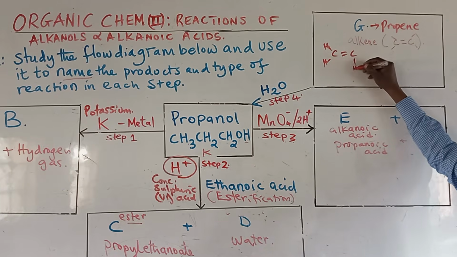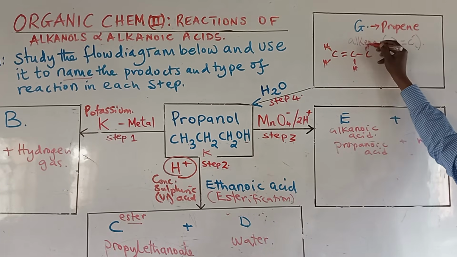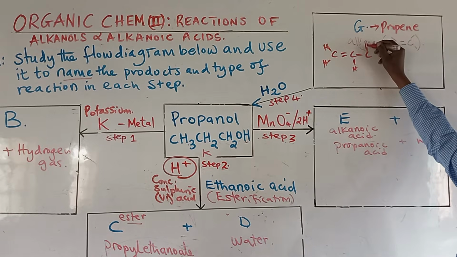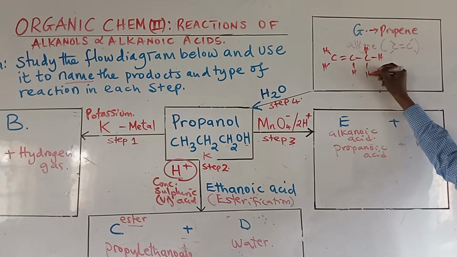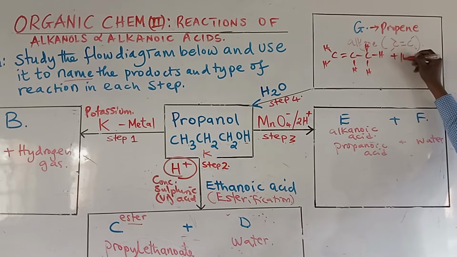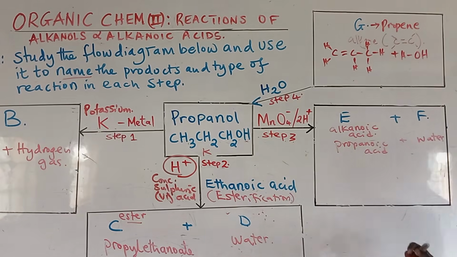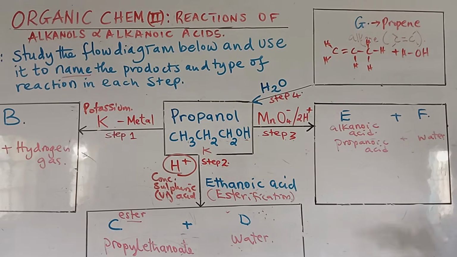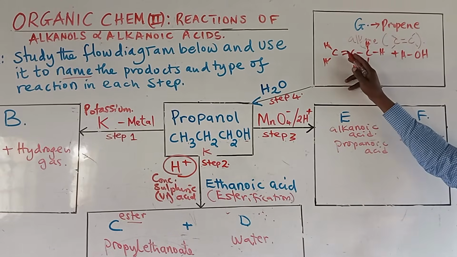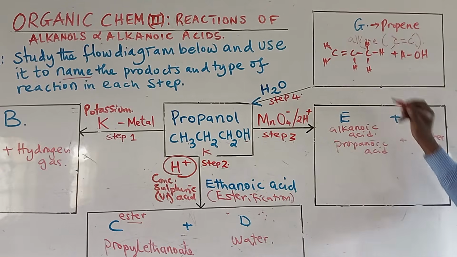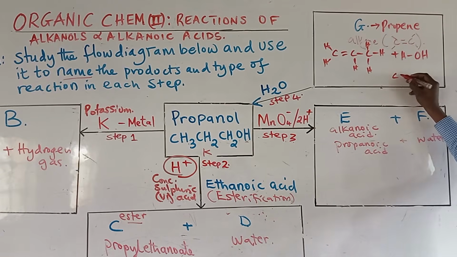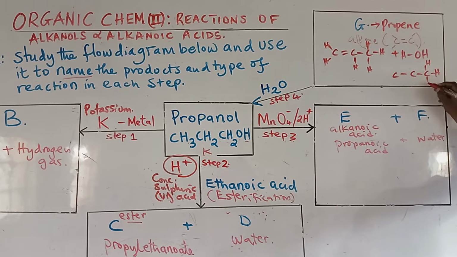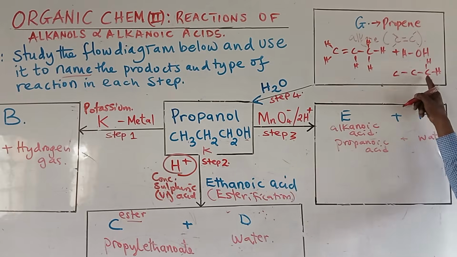This is propene. We need to illustrate how this addition of water comes about. So we have hydrogen there. We have the CH3 forming that end there, and to this one we are saying add water. Basically, the water we are adding is the HOH. So if we add hydrogen here, when this double bond breaks, then our compound will be like that, whereby this has the CH3, this part is already this one.